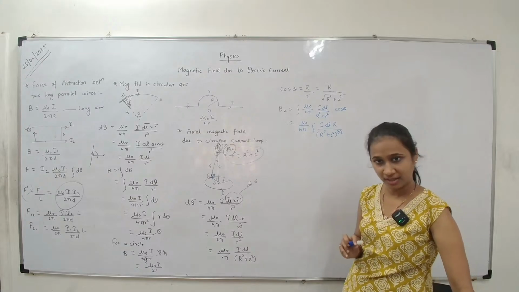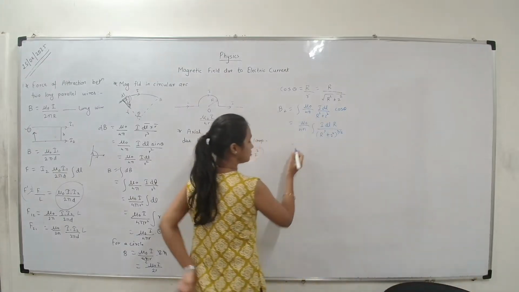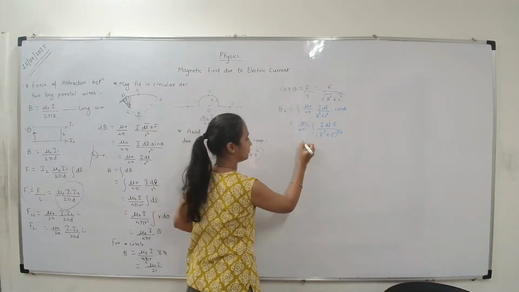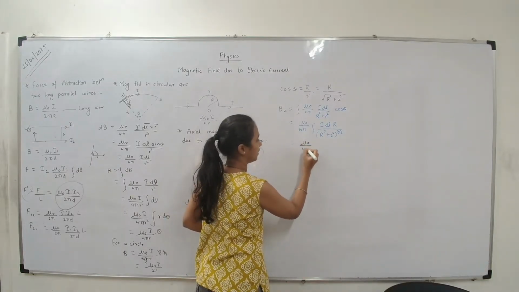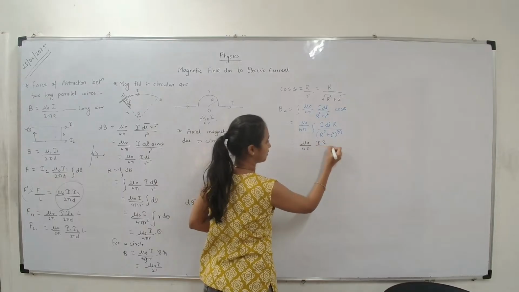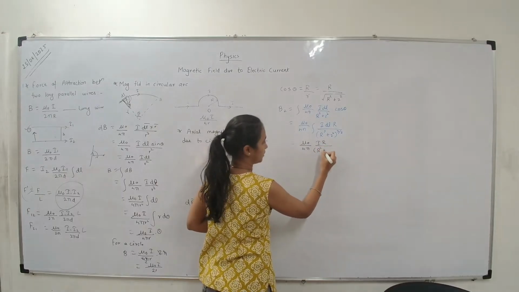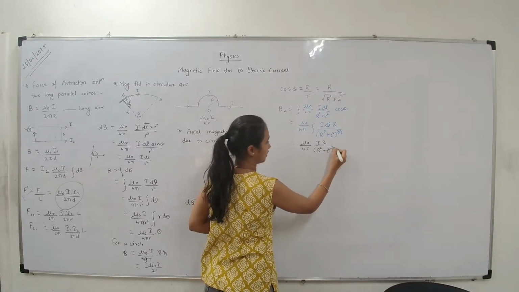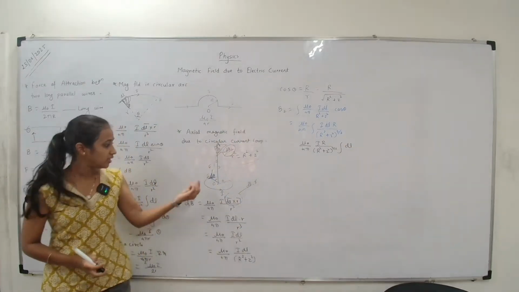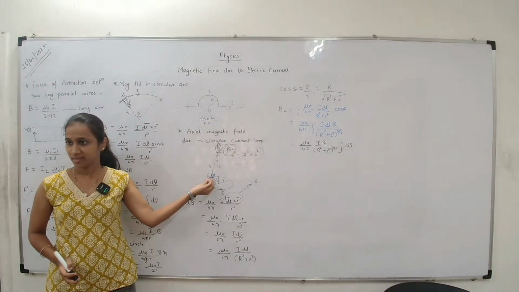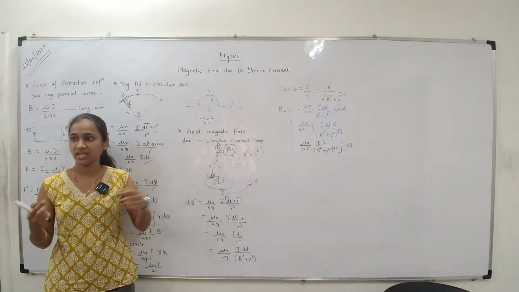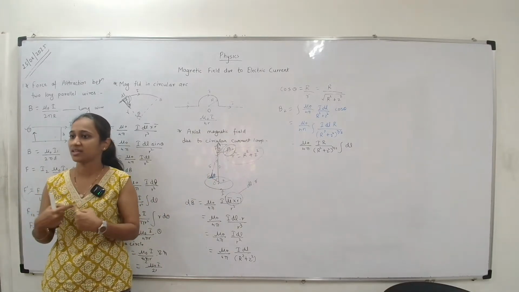येस, कुठून आला कळालं. नाउ जे कॉन्स्टंट आहे ते बाहेर घ्यायचं, mu naught upon 4 pi, what else is constant, I r, r square plus z square raised to 3 by 2, and there is only integration of dl. Now see, dl कुठे आहे, इतका very small length element in the horizontal circular loop, त्याला इंटिग्रेट करायचं म्हणजे पूर्ण लेंथ घ्यायची आहे.